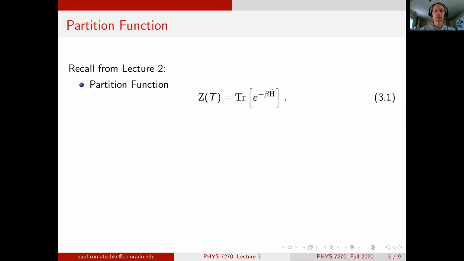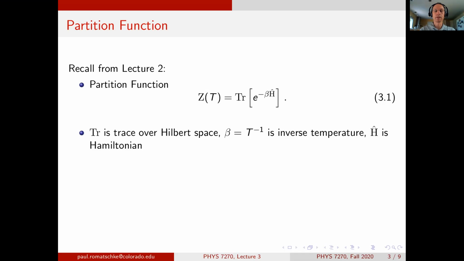From the last lecture, I would like to recall the result that we got for the quantum mechanical partition function Z(β) in terms of a trace of the operator e^(-βĤ), where Ĥ is just the Hamiltonian operator. Again, recall that the trace is a trace over the Hilbert space, and β denotes the inverse temperature.